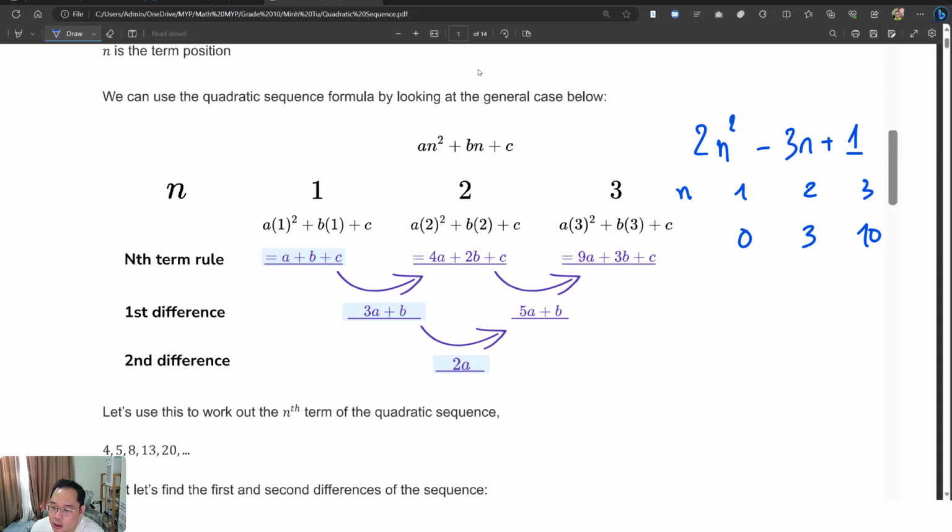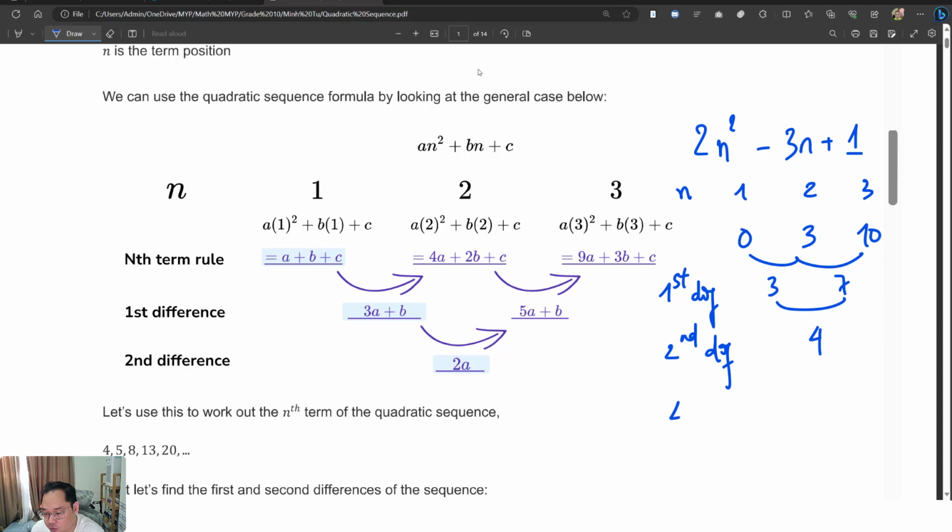So here are the three terms: 0, 3, 10. The differences among them are 3 and 7. This is the first difference. The second difference is 7 minus 3, which is 4.